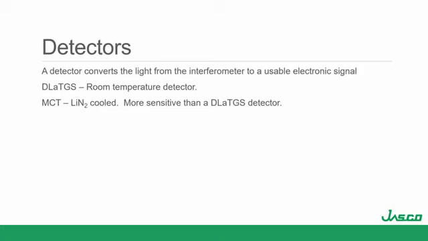Once the light hits the detector, it gets converted to usable electronic signals. The two most common detectors for mid-IR are DTGS, a room temperature detector, and MCT, a liquid nitrogen cooled detector. The room temperature detector is fairly inexpensive. It works for 90% of all samples, and it's pretty much the standard with most instruments.